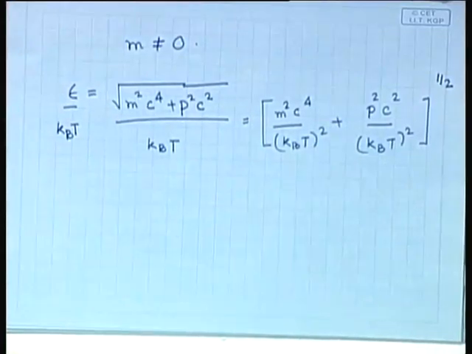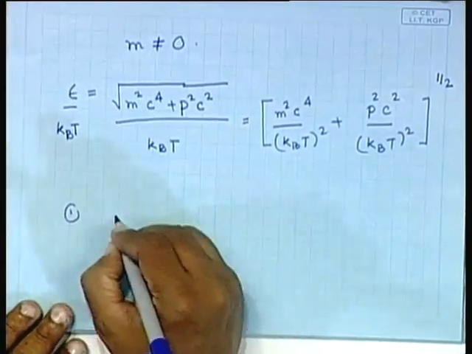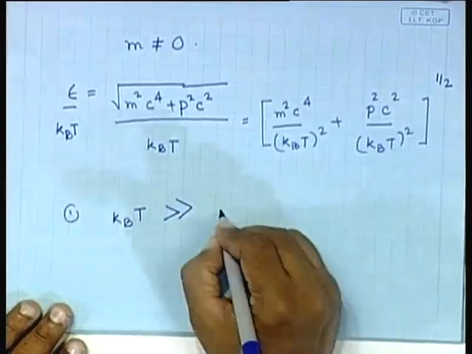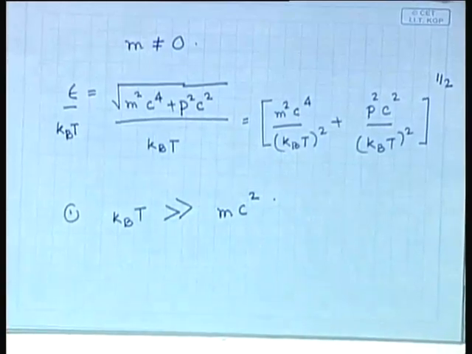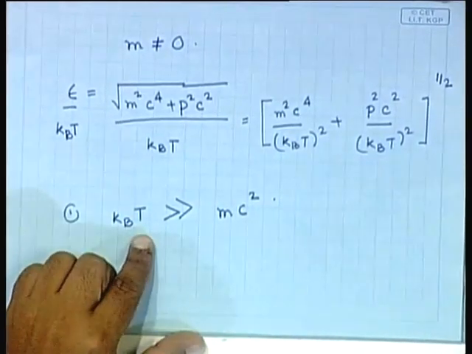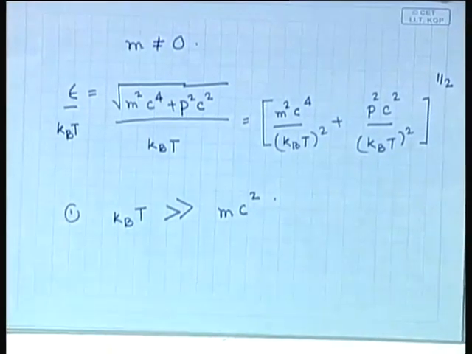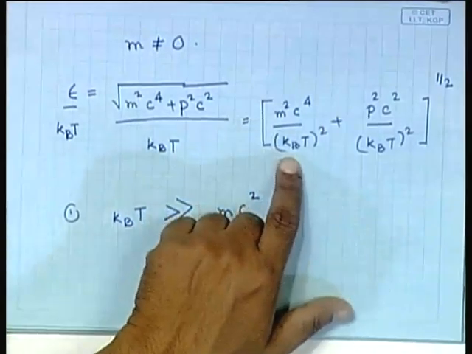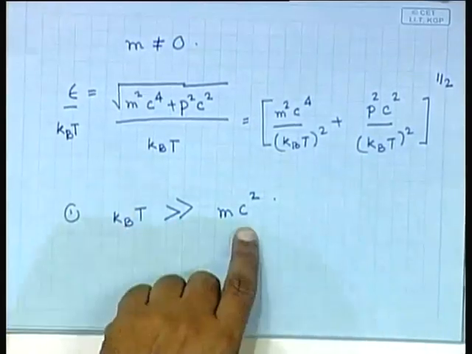Now, there are two situations which need to be considered separately. The first situation is where the temperature is much higher than the rest mass of the particle, mc square. The temperature of the distribution is much higher than the rest mass of the particle. So, if you assume this, then the first term is extremely small, I can neglect it, because this is a much larger number than mc square.